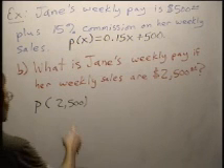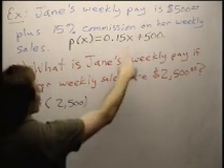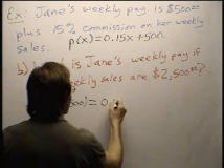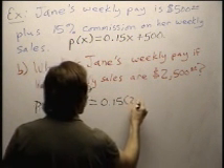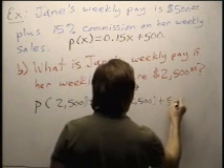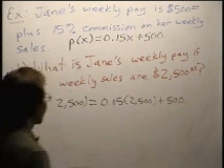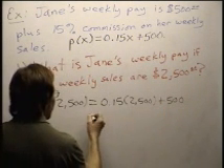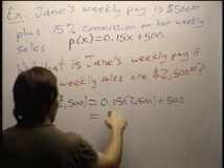So algebraically, to do this, we simply substitute 2,500 in for x into our function definition. Now, we need only perform the calculations, and we'll have the answer.